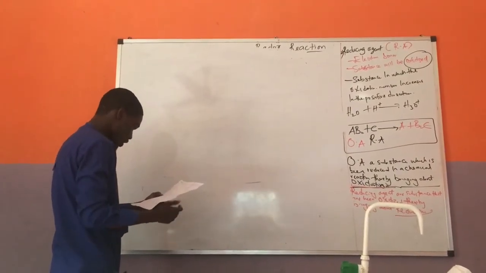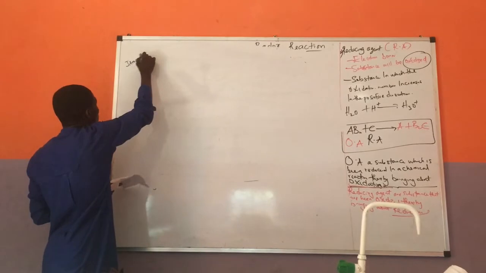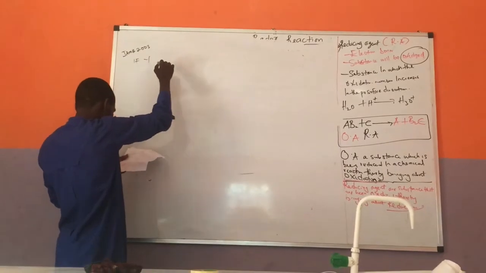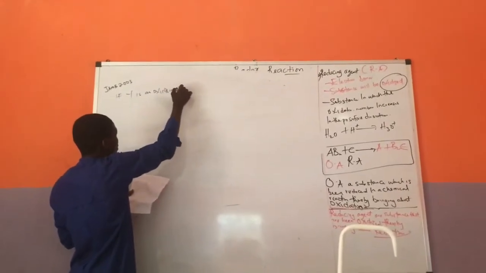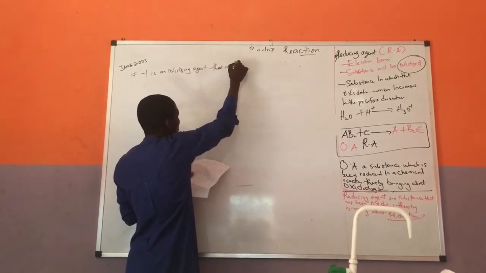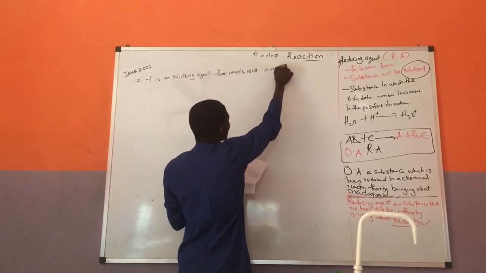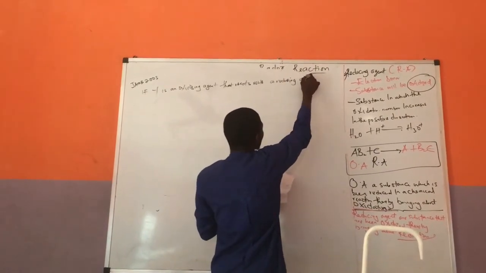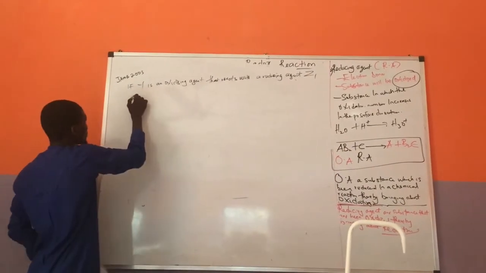So the third question is on JAMB 2003. If Y is an oxidizing agent that reacts with a reducing agent Z, which of the following is correct?